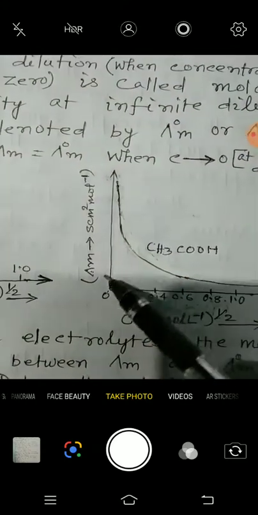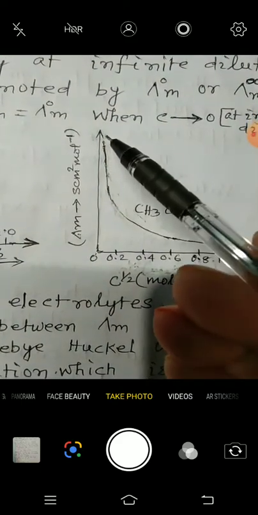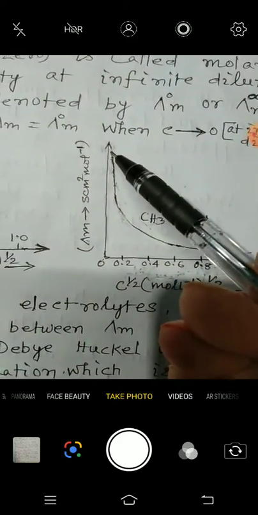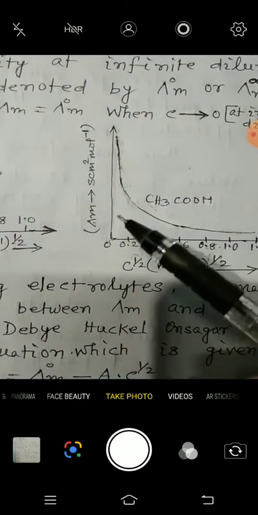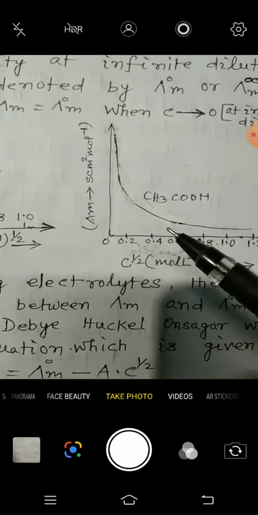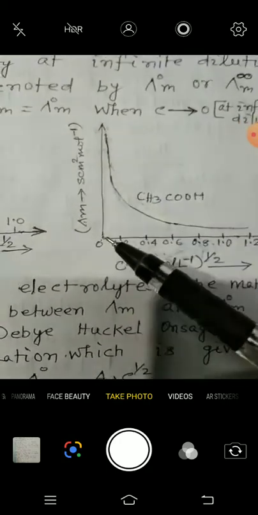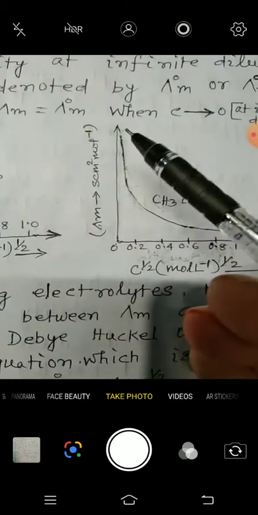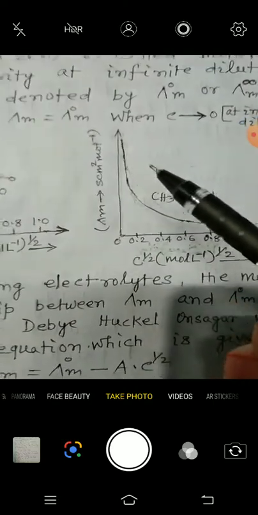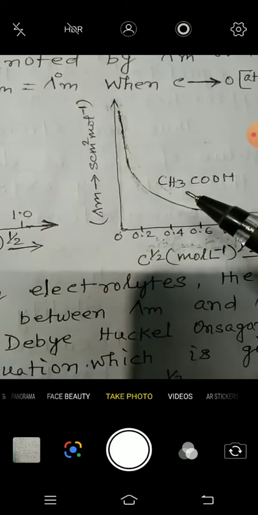This becomes parallel to the y-axis, and this is the graph of acetic acid. If you go on increasing the dilution till infinite dilution, the graph will not touch this y-axis. So you can't obtain the limiting molar conductivity of acetic acid in this case.